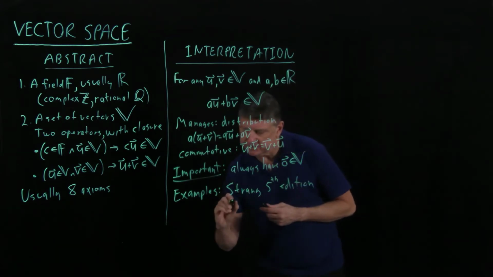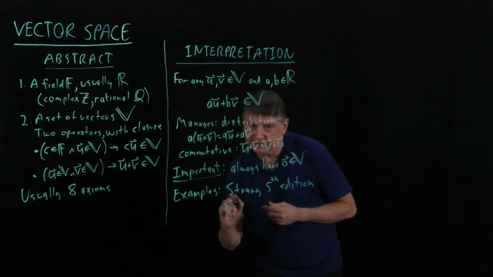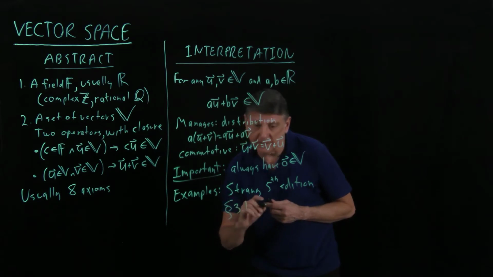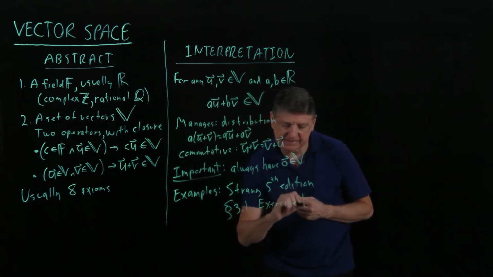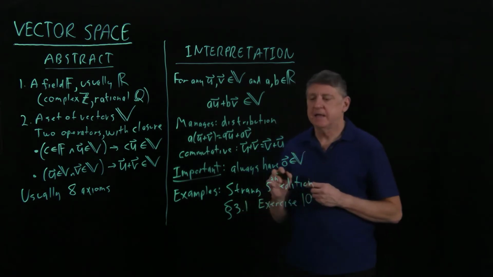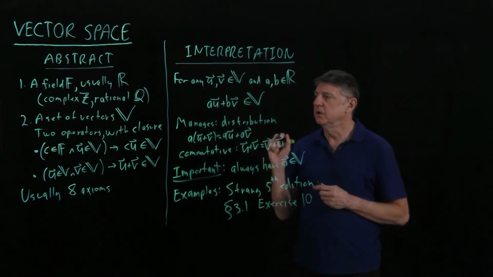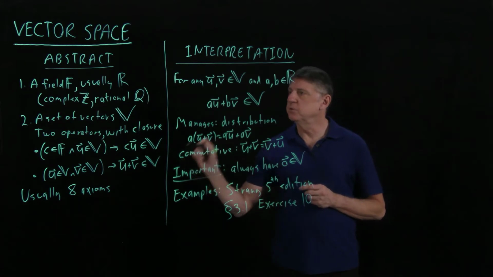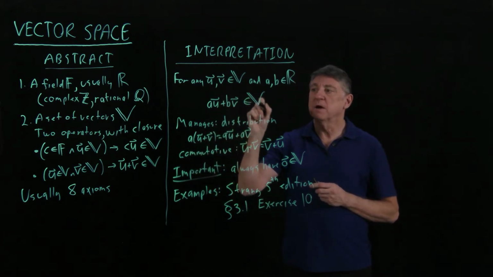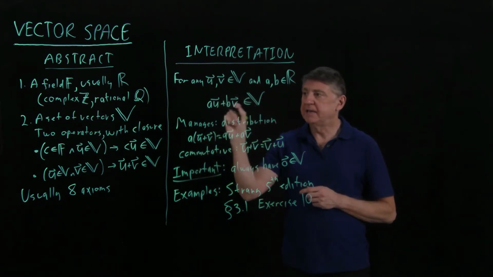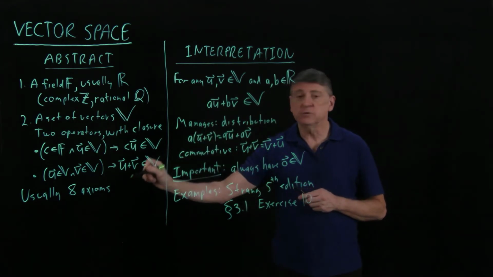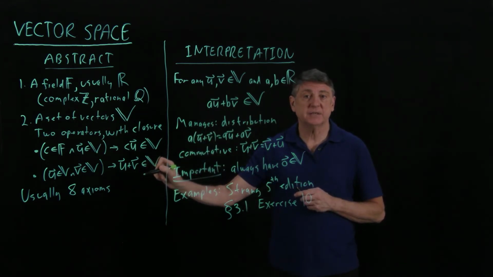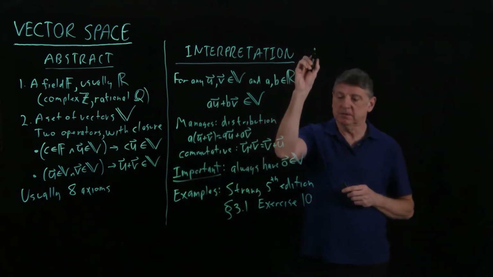And I would suggest that you look at section 3.1, exercise 10. And exercise 10 will give you examples where you can verify whether or not it satisfies this rule, and if it doesn't satisfy this rule, you can drive down and you can figure out which of those 8 axioms is not being satisfied.